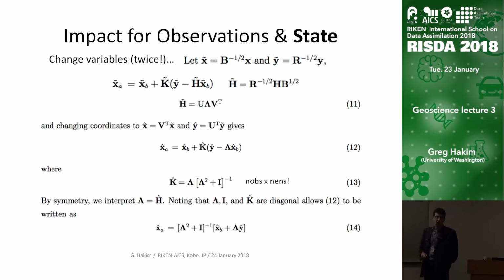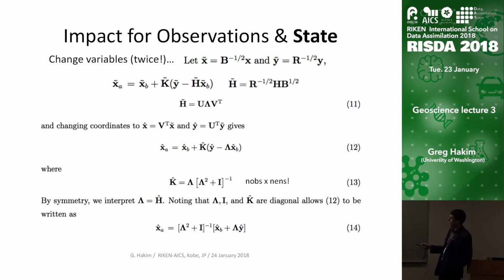We do a singular value decomposition on that operator. And so singular value decomposition gives us three things. It gives us a left singular vector matrix, a right singular vector matrix, and a diagonal matrix of singular values. And then we're going to use these matrices, U, V, and lambda, U and V in particular, to change coordinates again.